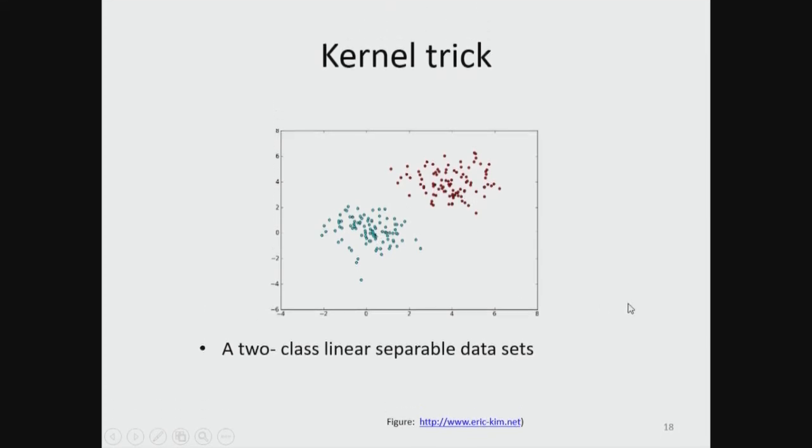Therefore, it is what is called a linearly separable data set. A data set is said to be linearly separable if one part of the data can be segregated from the other using a linear line or a plane, etc. Therefore, it is a two-class linearly separable data set.